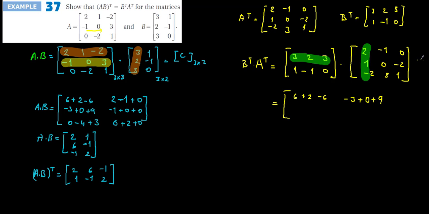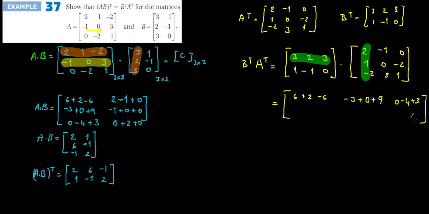And let me continue to this question. Here, 3 times 0 is equal to 0. 2 times minus 2 is equal to minus 4. And 3 times 1 is equal to 3. Sorry, I confused. 3 times 0 is 0. 2 times minus 2 is equal to minus 4. 3 times 1 is equal to plus 3.